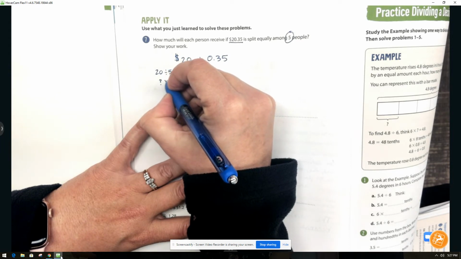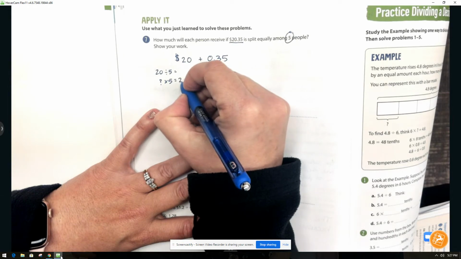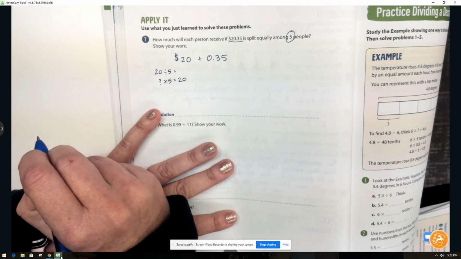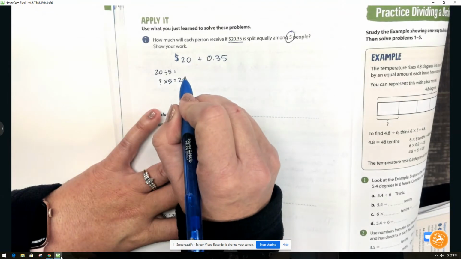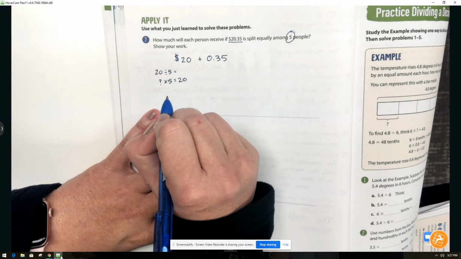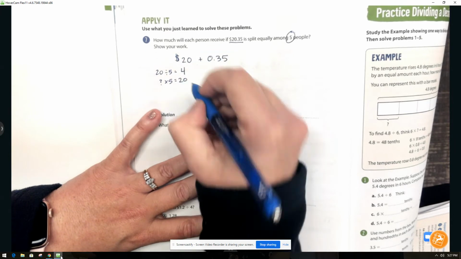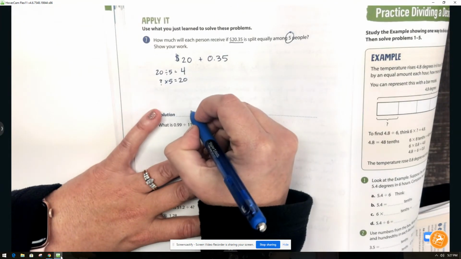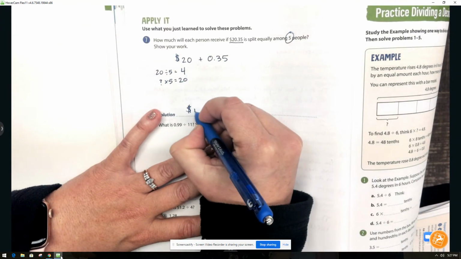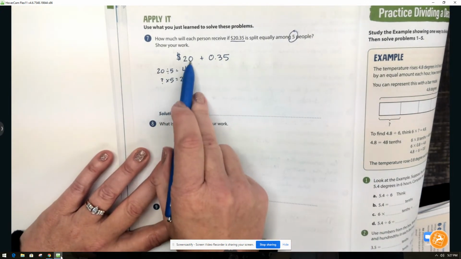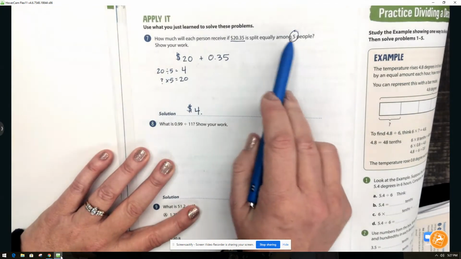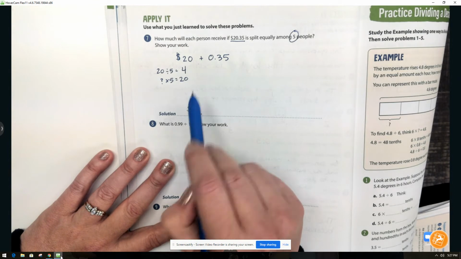What number times 5 equals 20? That's right, 4. So we know that 20 divided by 5 equals 4. So we know that each person is at least going to have $4 because we've broken apart this 20 into 5 parts, which is $4.